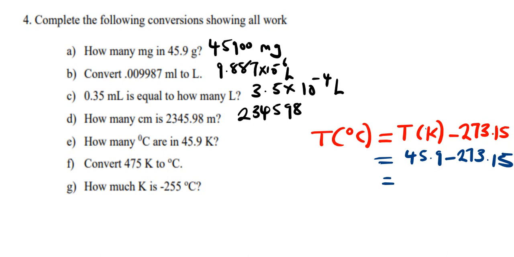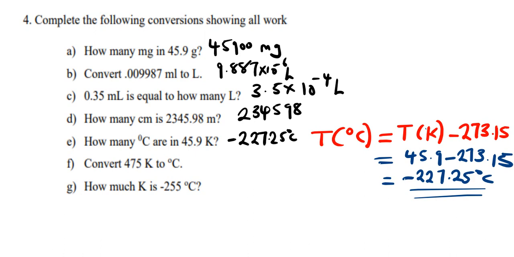What do I have? I'm getting negative 227.25 degrees Celsius. So this will be our answer for E: negative 227.25 degrees Celsius.